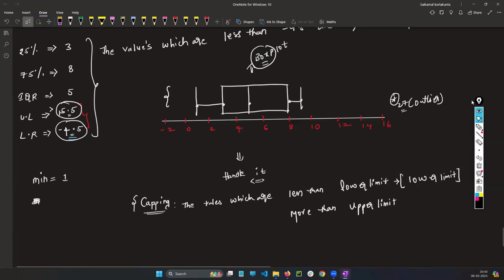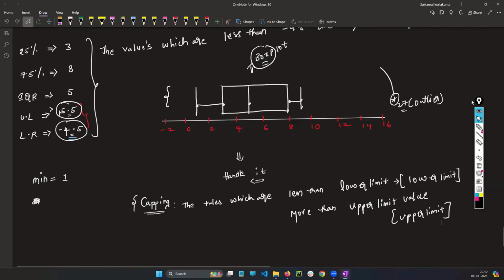So what I will do? The values more than 15.5, more than the upper limit, convert them into the upper limit. What is the logic here? It is clearly mentioned that the values which are more than 15.5 are outliers.